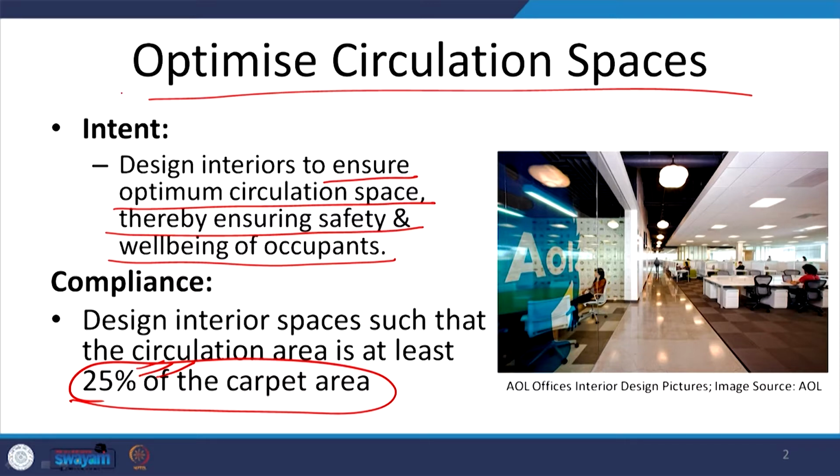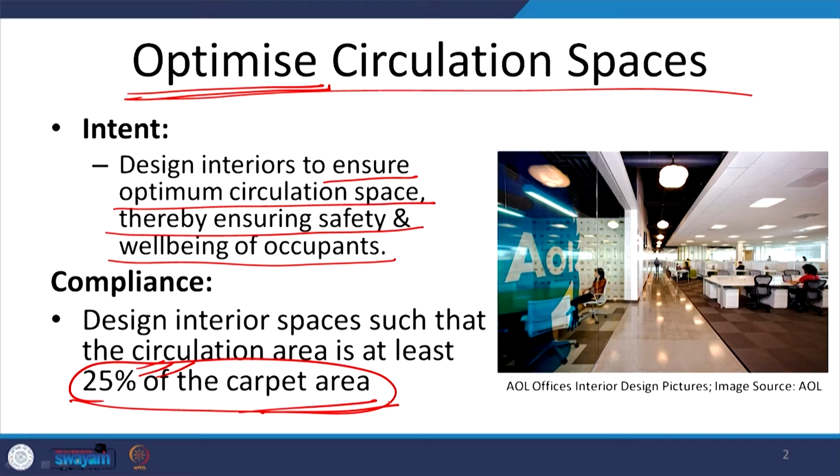However, here we are talking about optimization. So, there are two things which need to be followed. One, that at least 25% of the carpet area is being used as circulation area, and the other is that as per the codes, the minimum requirement for circulation area shall be fulfilled.